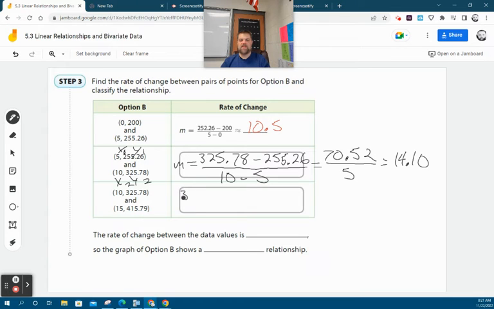On this last one, I'm going to say 3. Oops, I did it again. So you got to be careful. 415.79 minus 325.78 all over 15 minus 10. So same thing here.